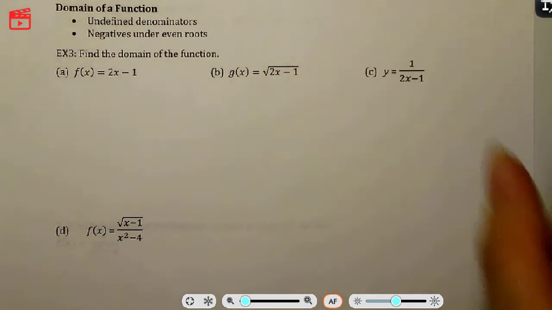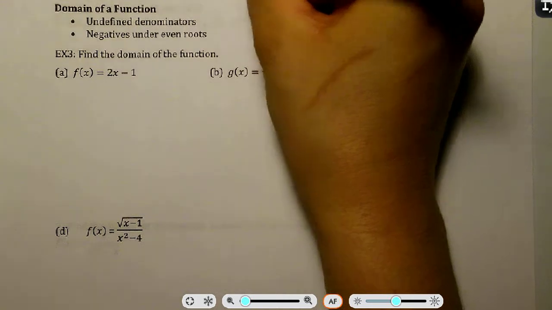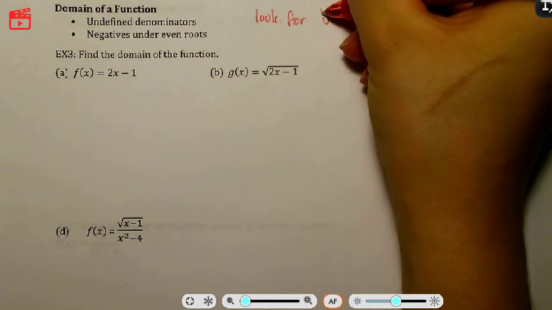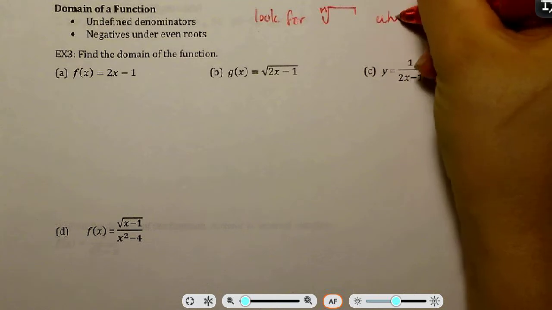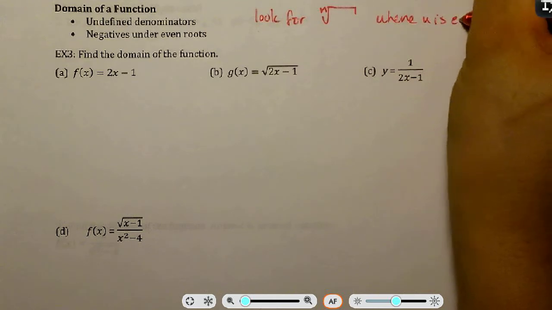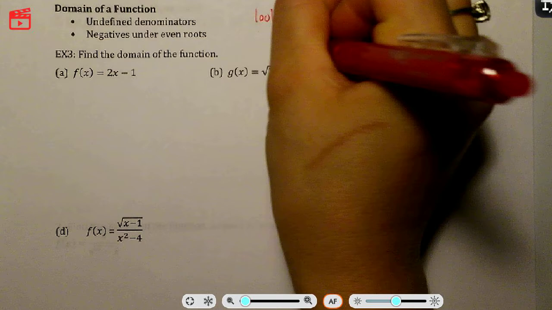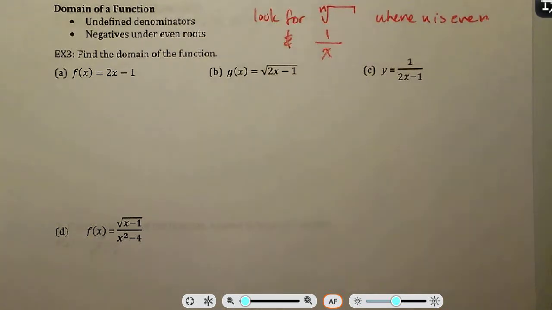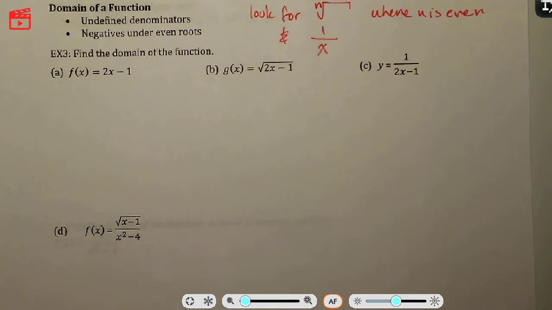So look out for radicals with an even index, where n is even, and fractions.